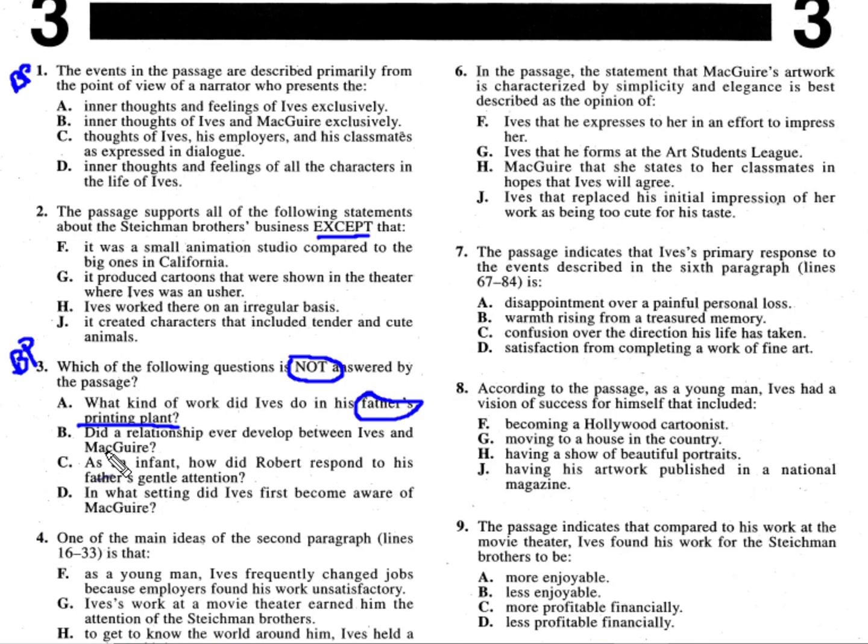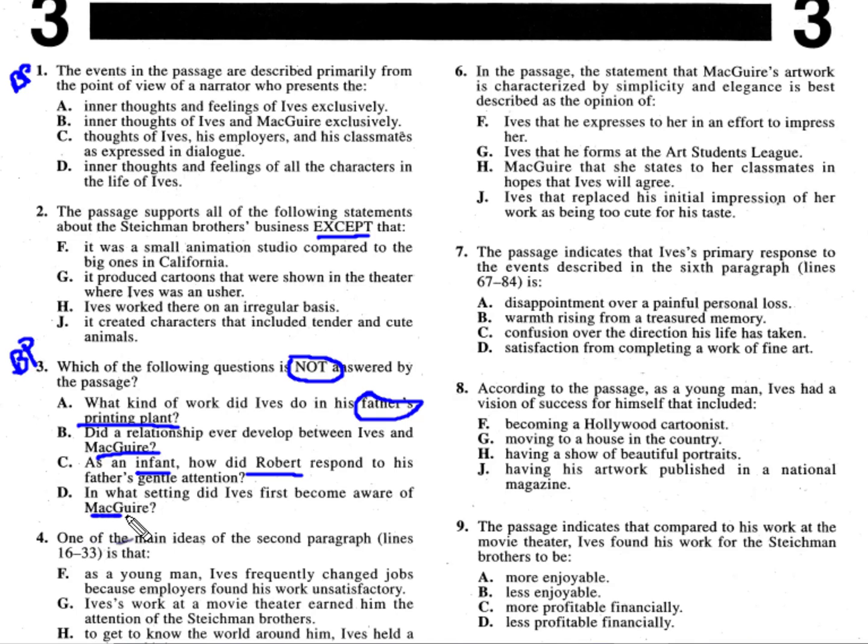Answer choice B, it says, did a relationship ever develop between Ives and McGuire? McGuire, we already know Ives is going to be everywhere, so we'd circle McGuire, and then we're going to look for that. Okay. Answer choice C says, as an infant, how did Robert respond to his father's gentle attention? Infant and Robert, I underline both of those. And then answer choice D says, in what setting did Ives first become aware of McGuire?